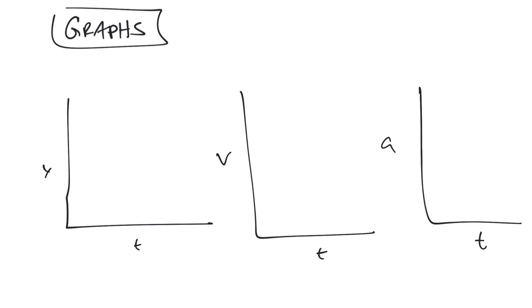If there was no fluid resistance, a straight fall, our acceleration graph would be constant acceleration, our velocity graph would increase linearly, and our position versus time graph would be parabolic.